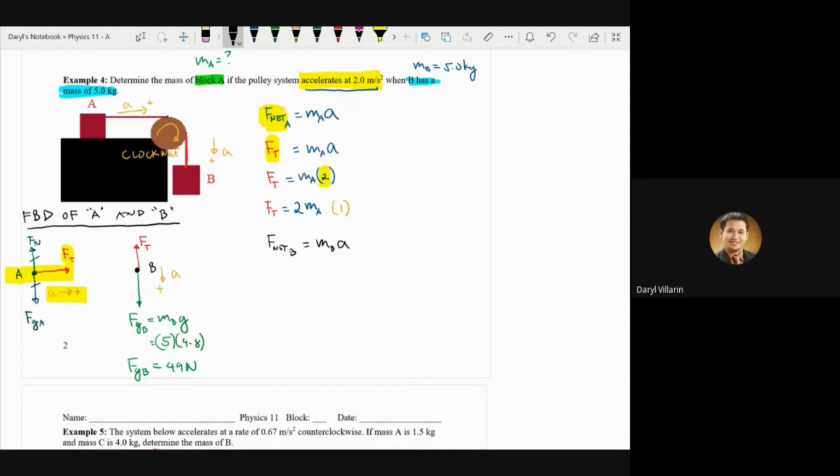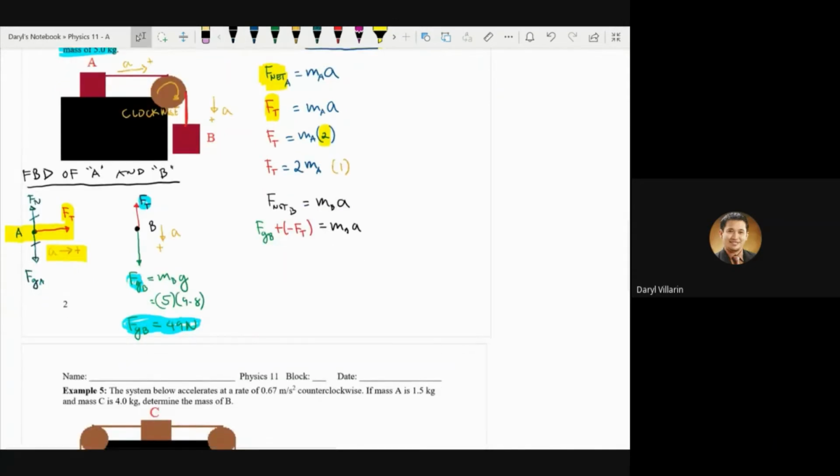So that would be MB times A. F net on B, if you can see, I have two forces, Ft and Fgb, where the magnitude of Fgb is known. So that would be Fgb, and that's positive, so a positive direction, so plus Fgb, and then minus, or plus the negative of Ft. Again, that's negative because I set my downward direction as my positive, and that would be MB times A.